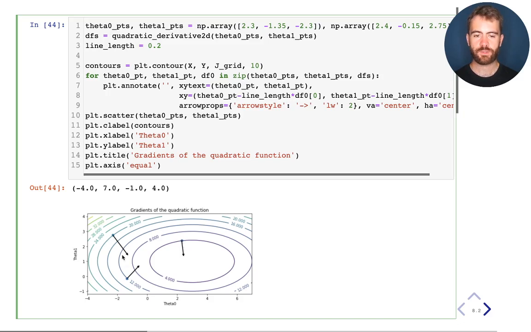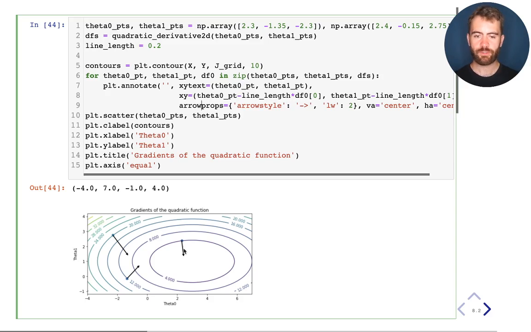So if you think of this as being a valley, then this arrow is pointing towards the direction where the slope of the valley decreases the fastest. If you were to drop a ball here, the ball would fall along this line because this is where the pull of gravity would be stronger.